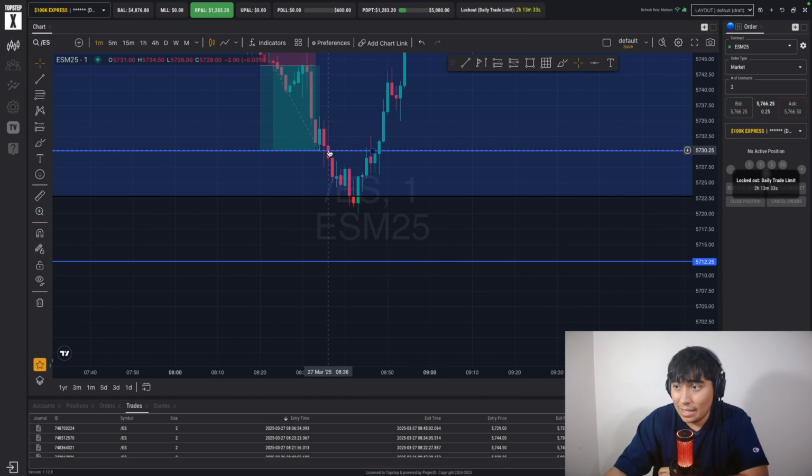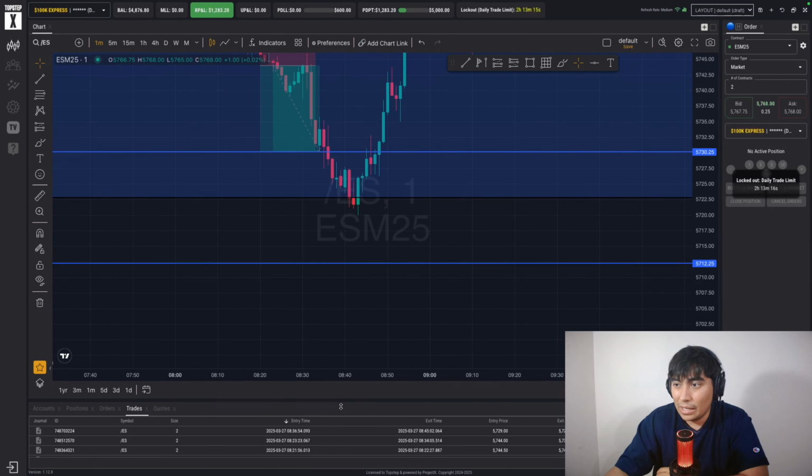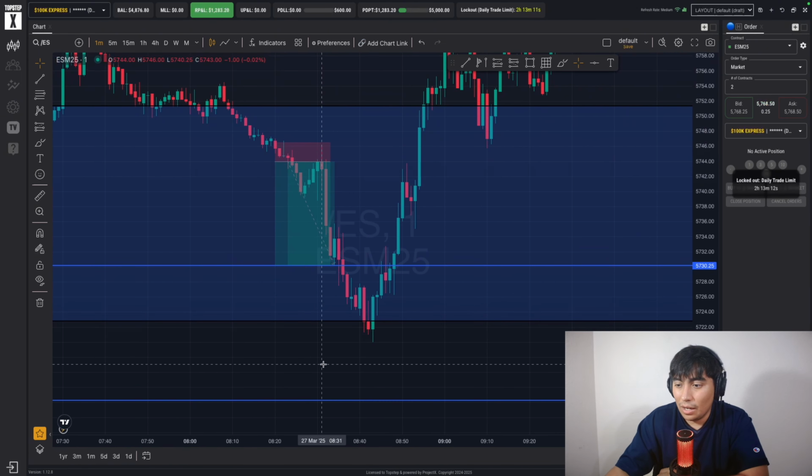I had set my stop loss a little bit above this area of liquidity, if not at it. And we were making about $1,000, $1,200 on that, but it retraced and stopped me out, and I only made $125 off that. But yeah, it was a pretty simple trade, to be honest with you.